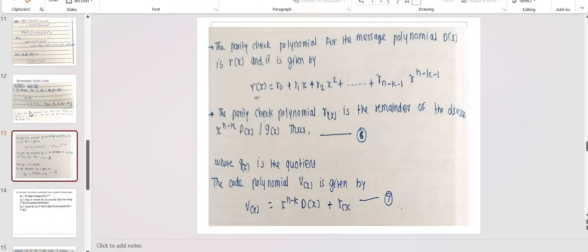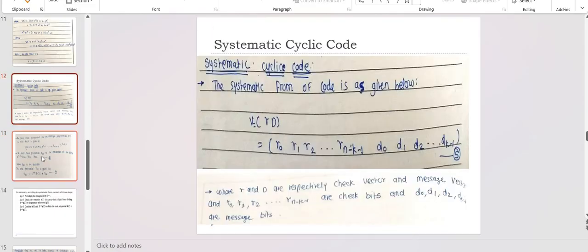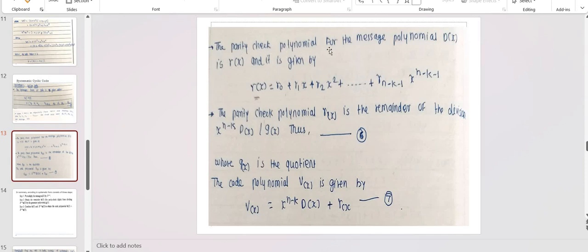So let us consider one example also. First of all, consider the theorem for this. If the message is d(x) and the check bits are r(x), the generalized formula is r(x) equal to r0 plus r1 x plus r2 x square up to r of n minus k minus 1 into x raised to n minus k minus 1.